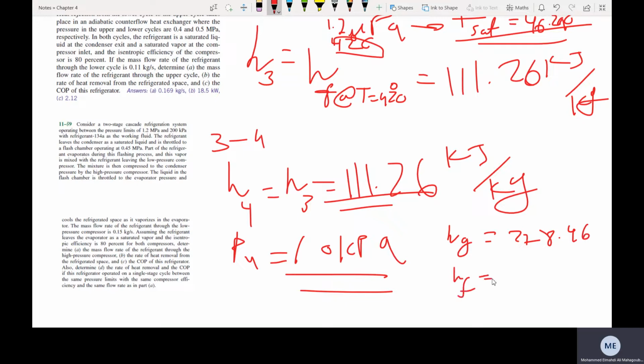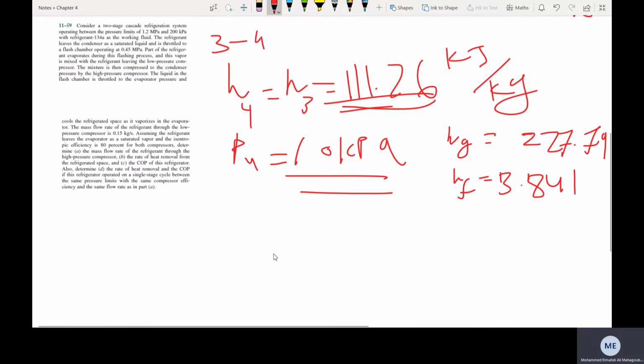And hf at that pressure is... oh, sorry, I'm going to a temperature, pardon me. Let me delete. Yeah, I was checking with 60 degrees Celsius. I want to check with 60 kilopascals. So hf is 3.841, and hg is 227.79. Okay, so this value is between.